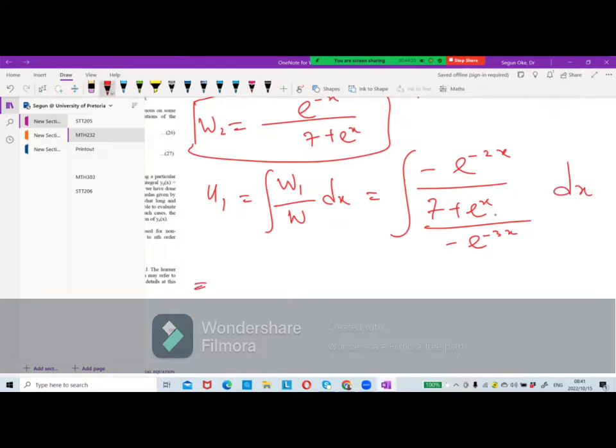So you can now begin to change it. Our u1 will be integral of minus exponential minus 2x over 7 plus exponential x divided by, what's the reciprocal of this one? That's 1 over minus exponential minus 3.